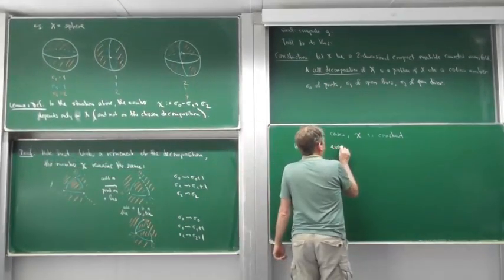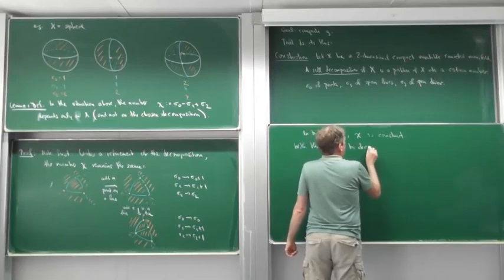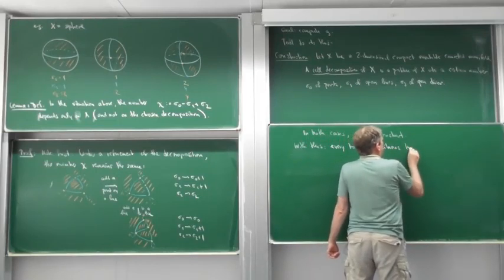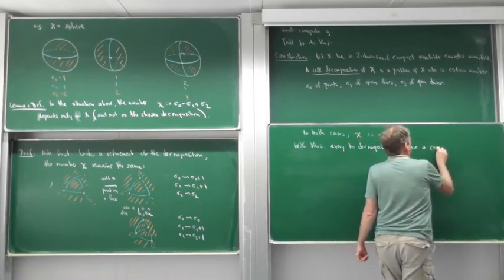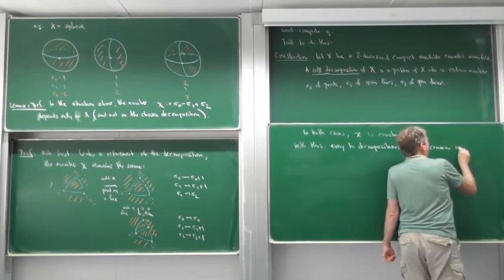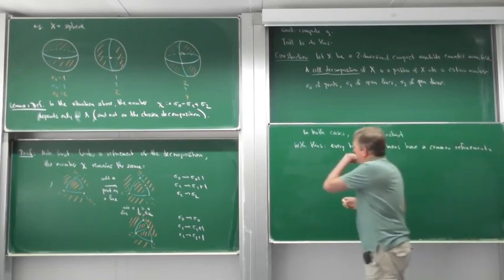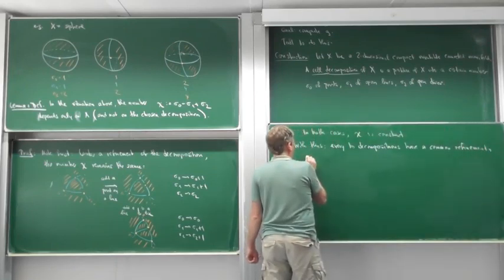Now every 2 decompositions have a common refinement. And so they would have the same number chi.